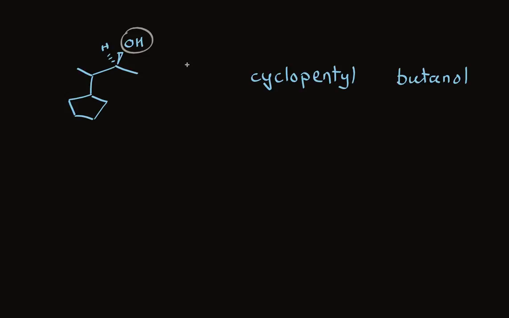Now we'll number the chain from the end that's closest to the functional group and use those numbers to tell us where things are. The hydroxyl group is on the second carbon, so it's 2-butanol. And the cyclopentyl group is on the 3-carbon. Again, there's chirality in the molecule, which we'll need to designate as R or S. Highest priority is oxygen. The lowest priority is hydrogen.